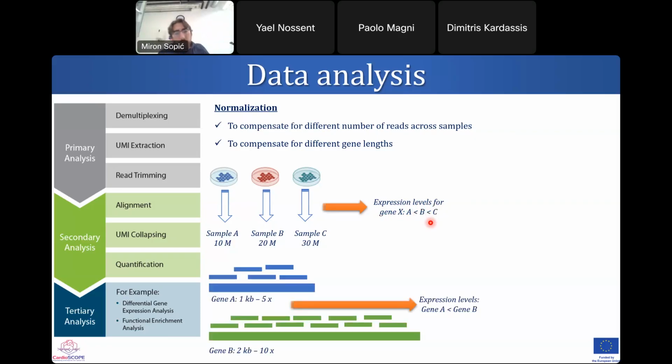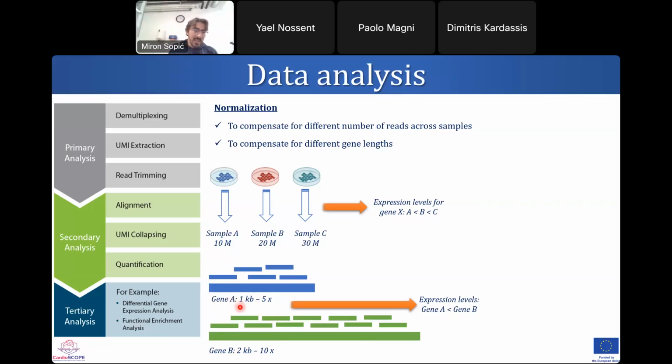The other important thing to take into account is that some genes are quite long and some are quite short, and this will also influence the results. For example, if you have a short gene, you will have fewer reads covering it, and if you have a longer gene, you will have more reads covering different parts of the gene.